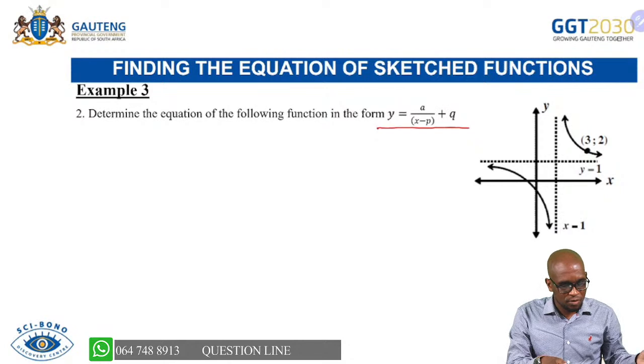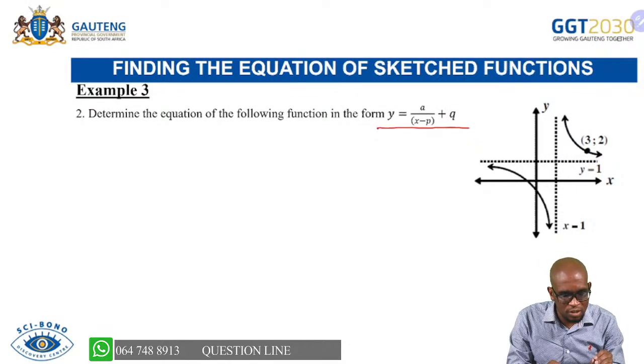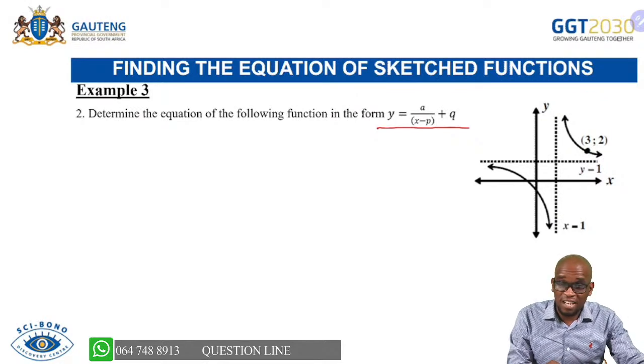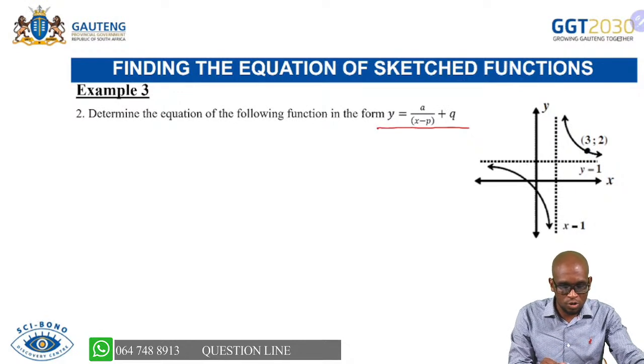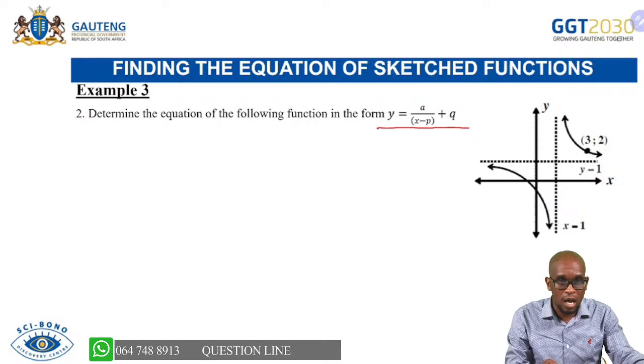First things first, if you look at this graph, you are given the asymptotes. The vertical asymptote is x equals 1, and the horizontal asymptote is y equals 1. If we are given the asymptotes, we know that they represent the values of p and q.